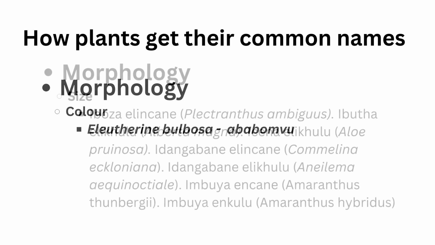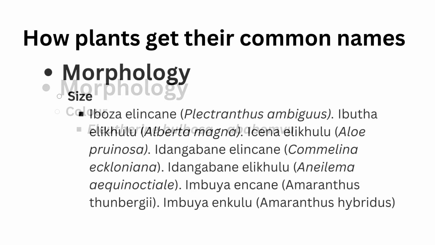Any plant that includes the suffix names like elincane or elikhulu indicates the size of the plant species within a genus. For example, iboza elincane indicates the type of iboza, and it tells you that this type of iboza is smaller than the average in that genus.